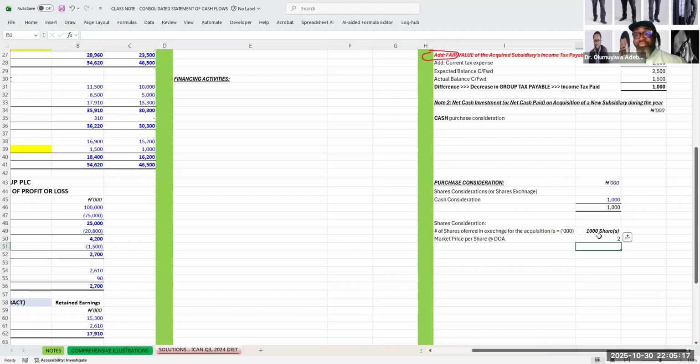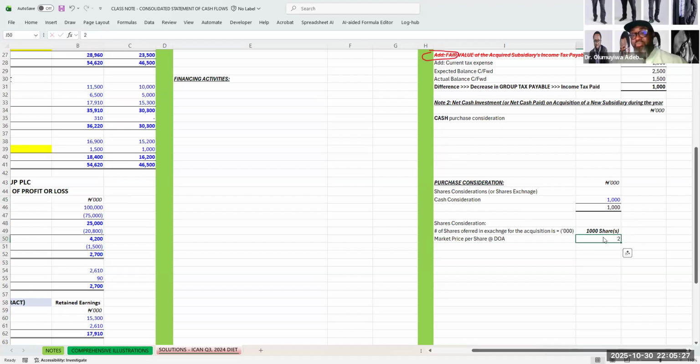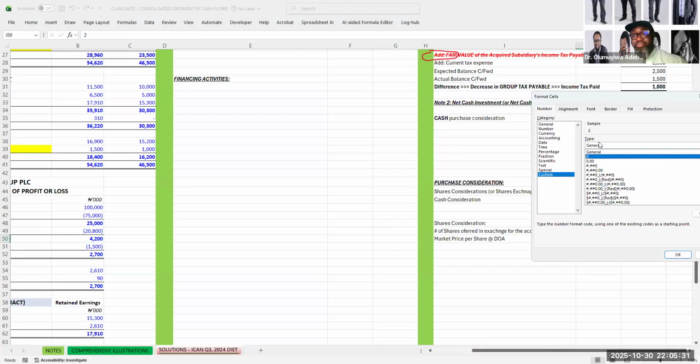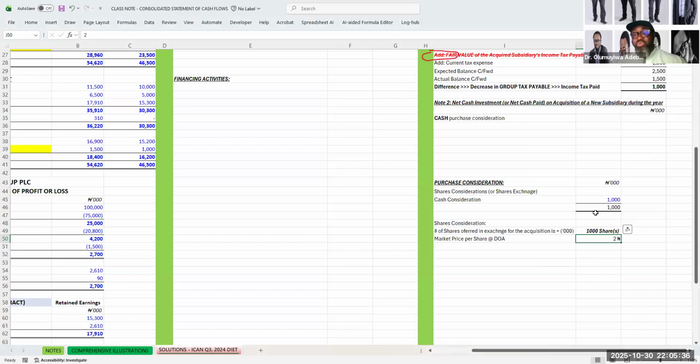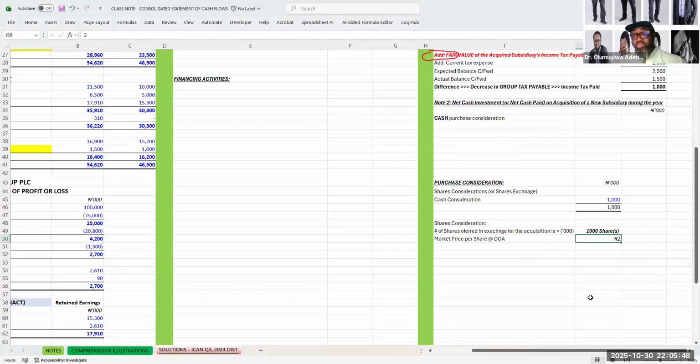We are told it's 2 naira. Therefore, 2 naira.